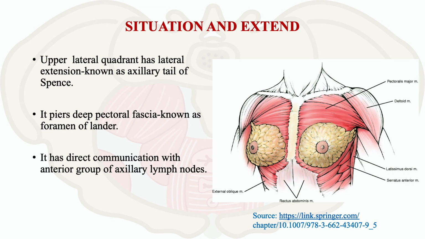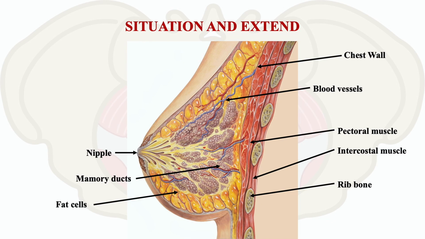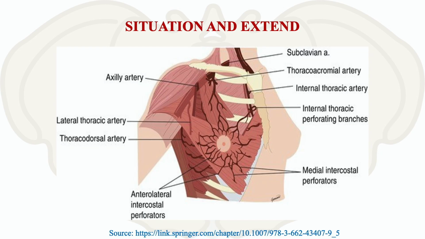Then it has direct communication with the anterior group of axillary lymph nodes. Now this is the cross section of the breast showing the lactiferous ducts, the lactiferous sinuses, and the fatty tissues. Here you see the blood supply to the breast, which blood vessels, veins and arteries, supply the breast tissues.